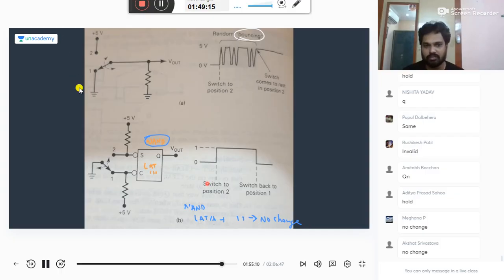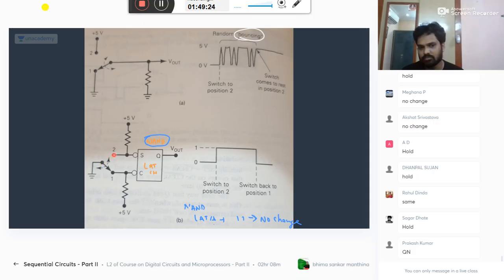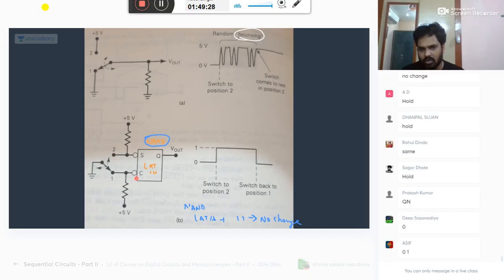Okay, now you observe. It is already in 1 1. You just connect this ground here. What happens? 0. Okay, you connect this ground here or here, it is up to you. You already connected to 5 volts, you connect this switch to this position for example, then 0 comes, it may oscillate as 0 1 0 1 like this, no problem.